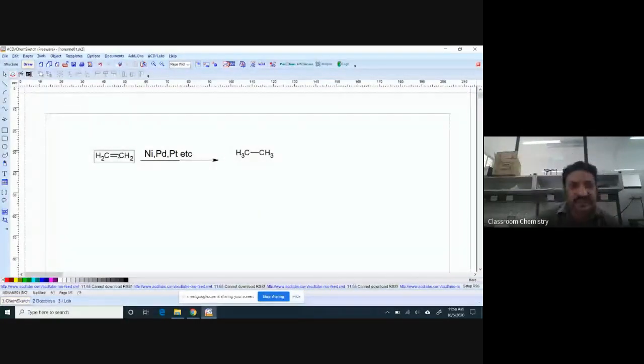That alkene compound reacts with molecular hydrogen in the presence of a catalyst. The presence of the catalyst is the most important fact for the hydrogenation reaction, and such a catalyst is nothing but nickel, palladium, and platinum. That nickel, palladium, or platinum reduces this compound with molecular hydrogen, and there is an addition of hydrogen.